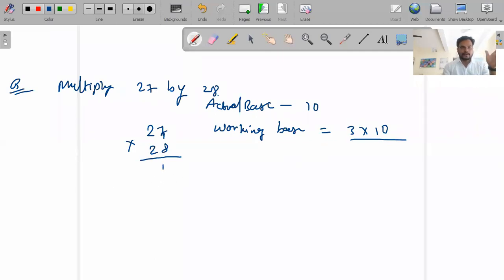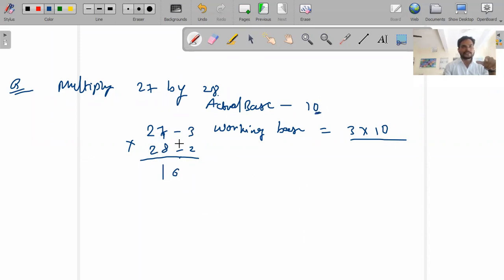In this example, here minus 3 and minus 2. 27 minus 30 is minus 3, and 28 minus 30 is minus 2. So 3 into 2 is 6. Write down 6 as it is, because in the actual base, 0 is only one, so one digit will be there.